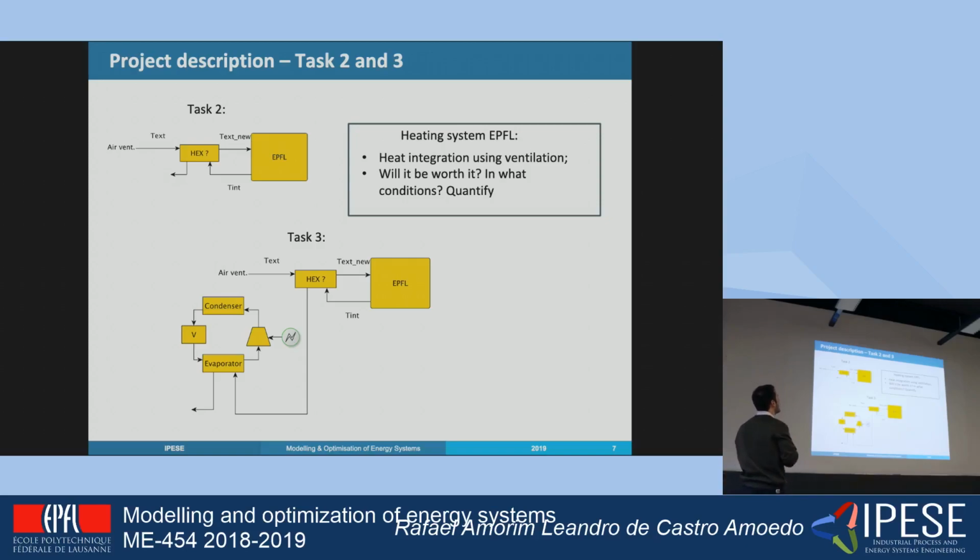We would like to warm this T external to this T external mu. The notation I use here is the one that you will find in your AMPL files. This will reduce somehow the heat demand of EPFL, so we will save a bit.